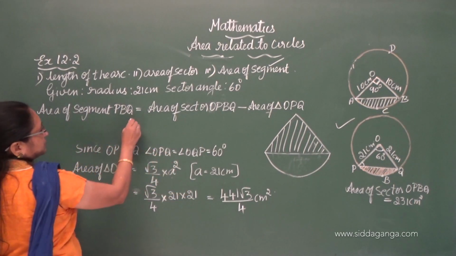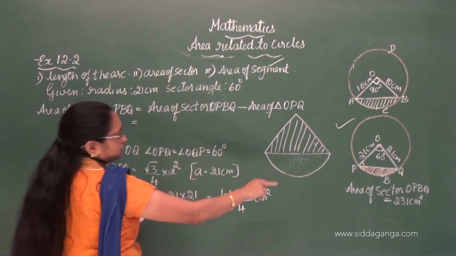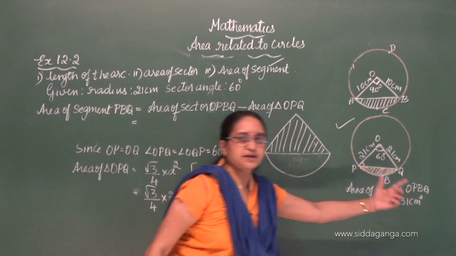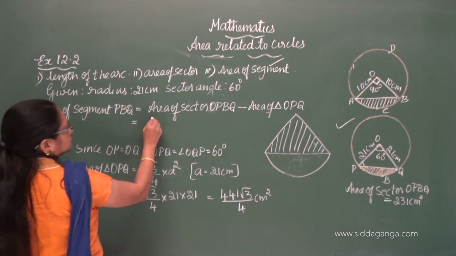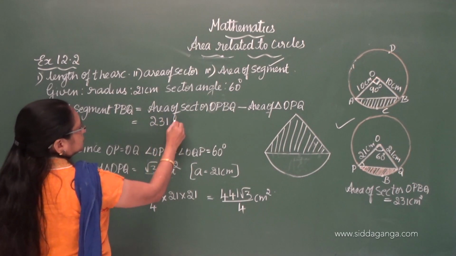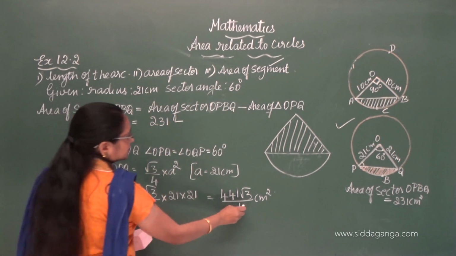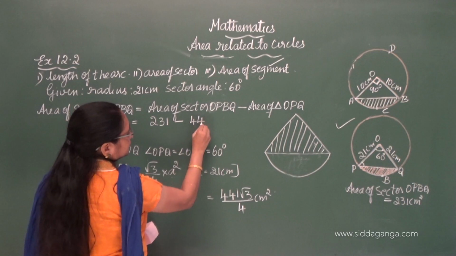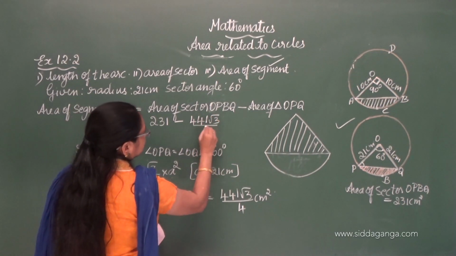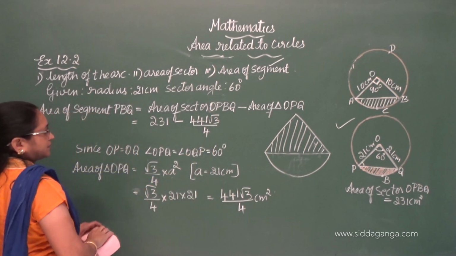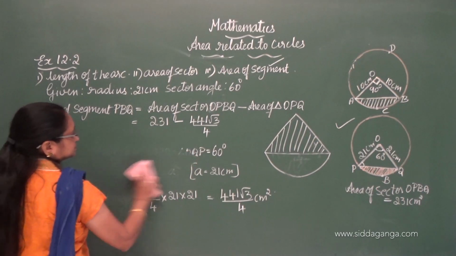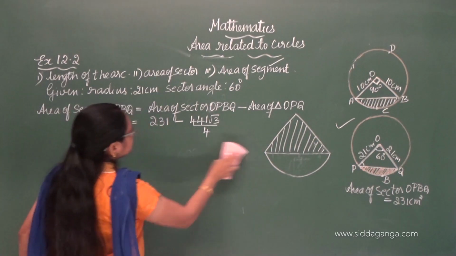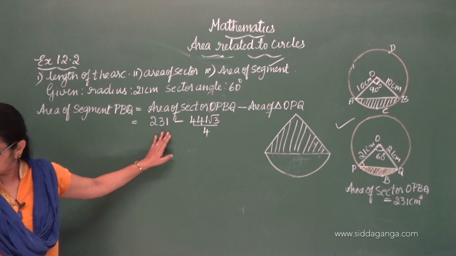Now, area of the segment will be equal to area of the sector. Already I told you it is 231. So 231 minus, area of this triangle will be 441 root 3 by 4. Okay. Now, shall I rub this? Now, you need not simplify this.